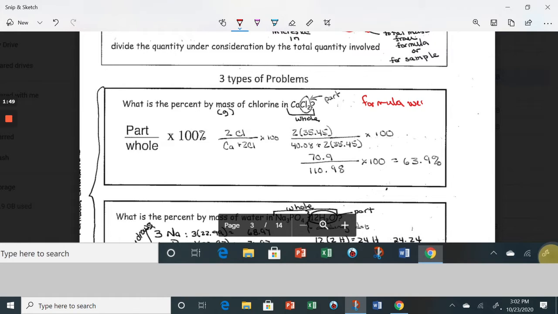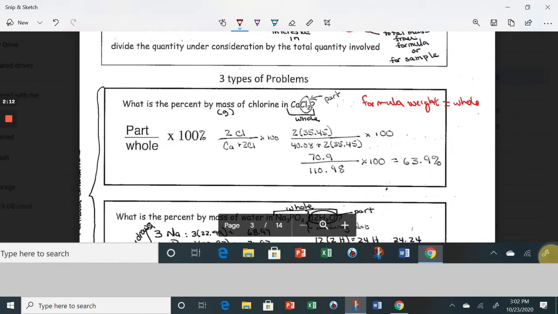Whether you want to call it molar mass, or gram formula mass, or formula weight, that's going to be your whole. And really, weight is a misnomer. We're really measuring mass, but it's like a bad habit that you can't change. So people say formula weight, but it's really formula mass.